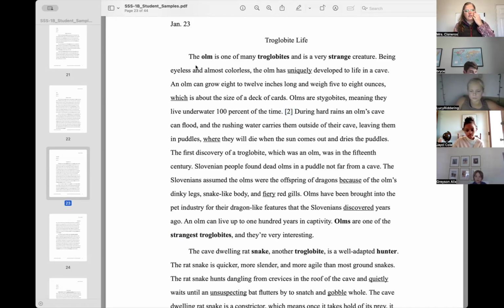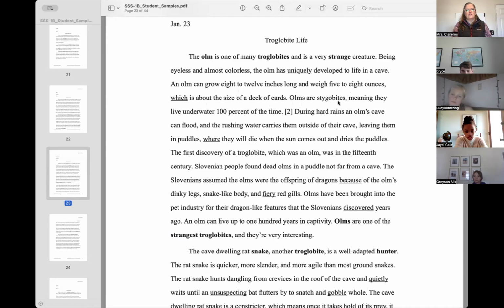All right, so I'm going to just read this first paragraph, and then we'll talk about the dress-ups and everything. You can see them underlined here. The olm is one of many troglobites and is a very strange creature. Being eyeless and almost colorless, the olm has uniquely developed to life in a cave. An olm can grow 8 to 12 inches long and weigh 5 to 8 ounces, which is about the size of a deck of cards.